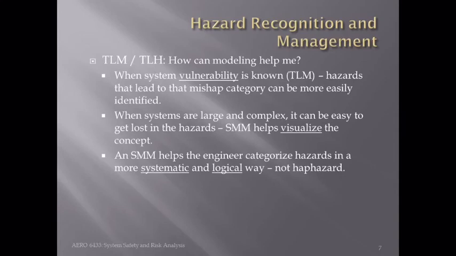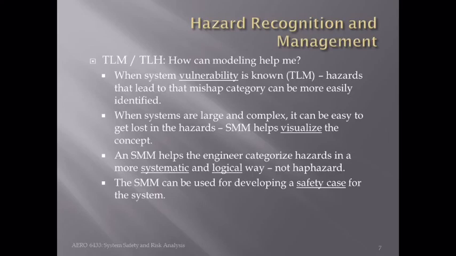The models help us categorize hazards in a more systematic and logical way as they relate to system design. And also, because of the model's visual depiction of system hazards that lead to mishaps, the model can be a great tool to develop a safety case for the system.